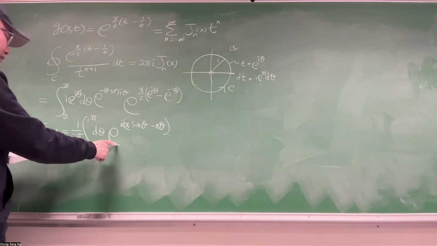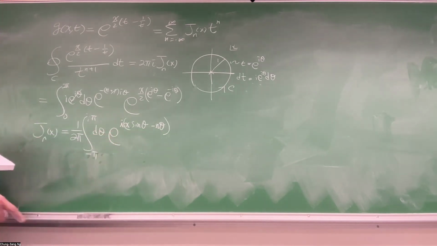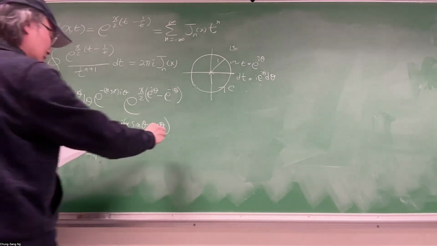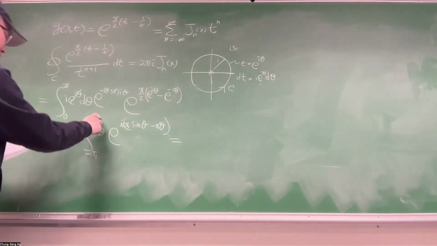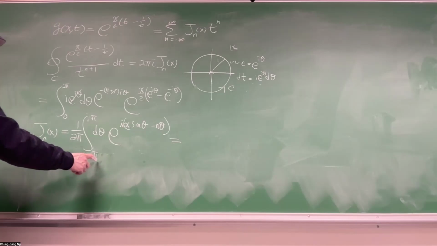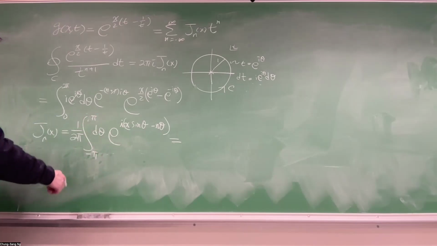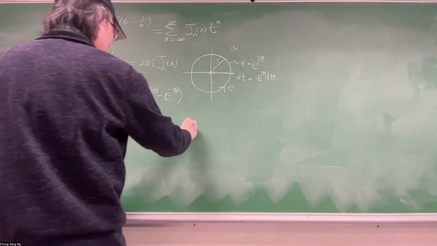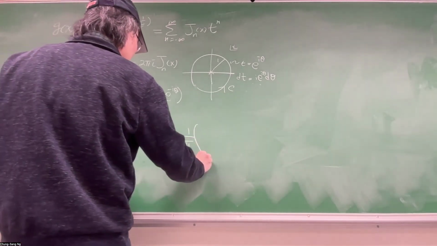So you want to keep the even function part of the exponential function, which is cosine. That will give you twice the integral from 0 to pi, so you want 1 over pi times the integral from 0 to pi.